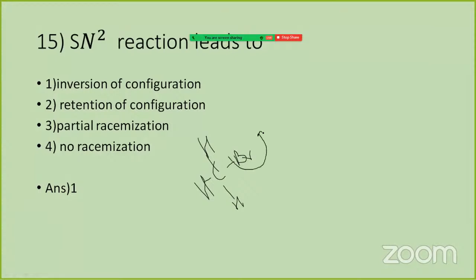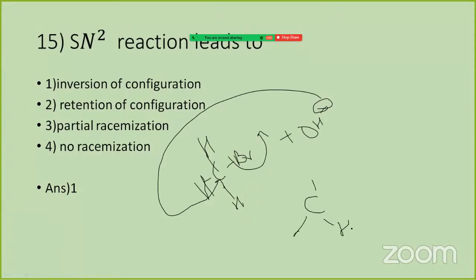OH is a nucleophile which attacks the carbon from the back side. Taking carbon with three hydrogens, the newly attacking group OH and the leaving group Br are both present in the transition state.